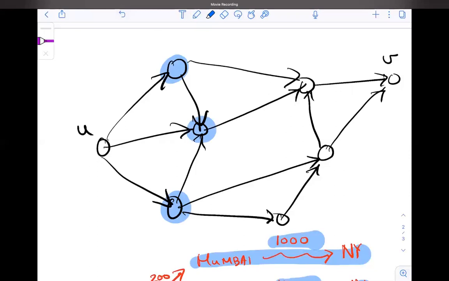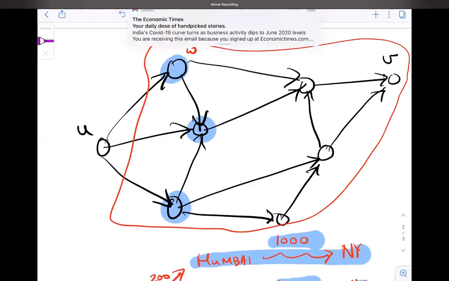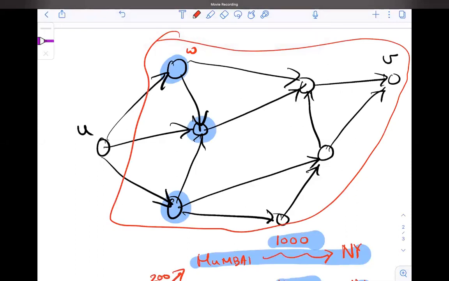So for example, say this vertex W, they will find out the shortest path between W to V in this graph, G minus U. This will also do the same thing. This will also do the same thing. And U, all it will do is that after it has done all of it, it will check out all its neighbors and find out the minimum.